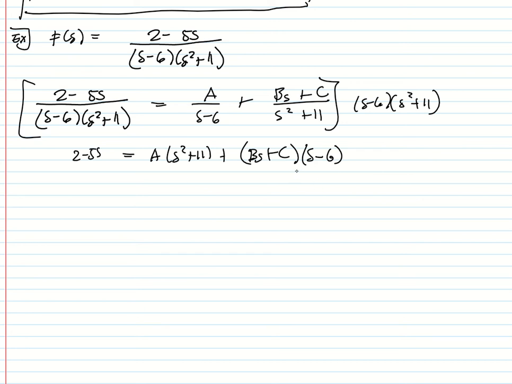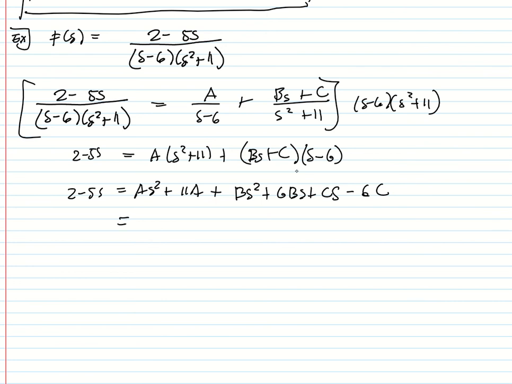But before we do that, we need to simplify the equation first. So 2 minus 5s equals a s squared plus 11a plus, distributing this, bs times s is bs squared, plus bs times negative 6 is minus 6bs, plus cs minus 6c.